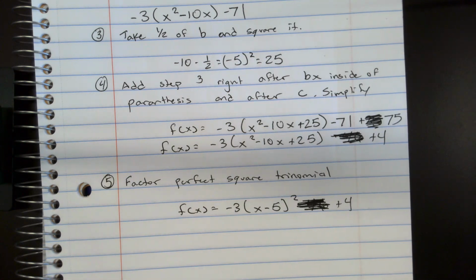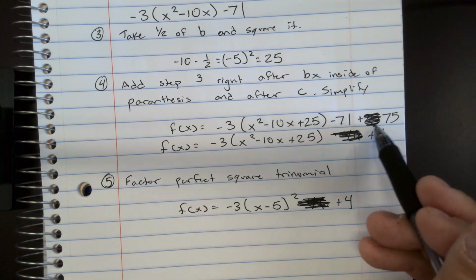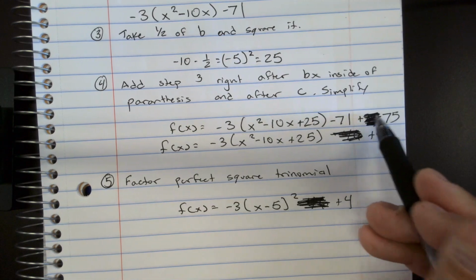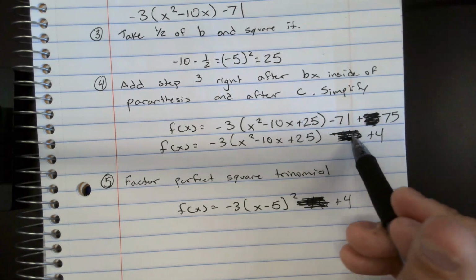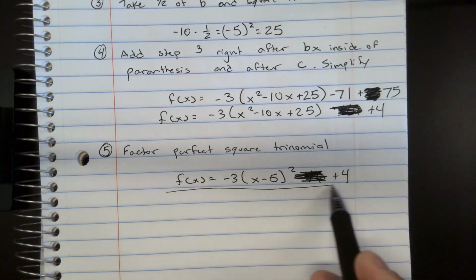Wait, positive 75 or negative 75? It's a positive, because you bring it over to here. Okay, everyone look up here, so just change those to that. This is your answer right there.